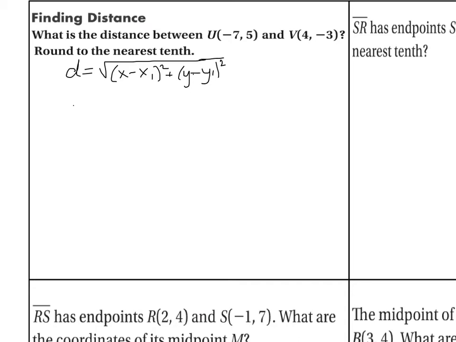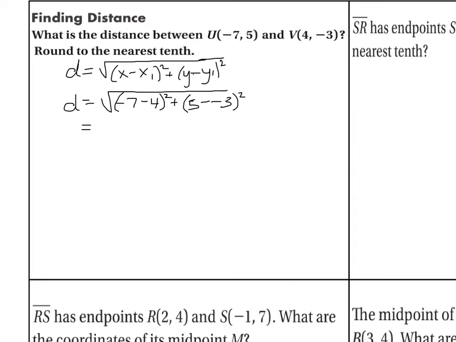So my distance is equal to the square root of -7 minus 4, those are my x values, squared, plus my y values, 5 minus -3, squared. Now we're going to clean this up.